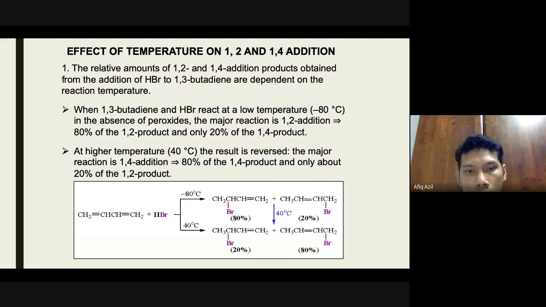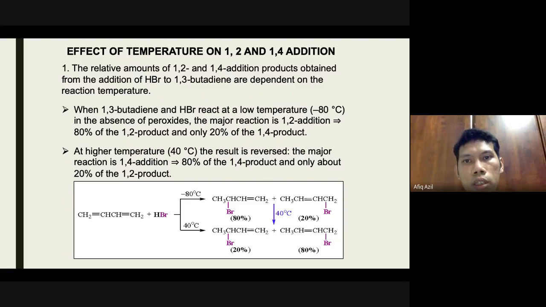Next, we'll see what is the effect of temperature on 1,2 and 1,4 additions. The amounts of these two products can be affected by temperature, high temperature or low temperature.